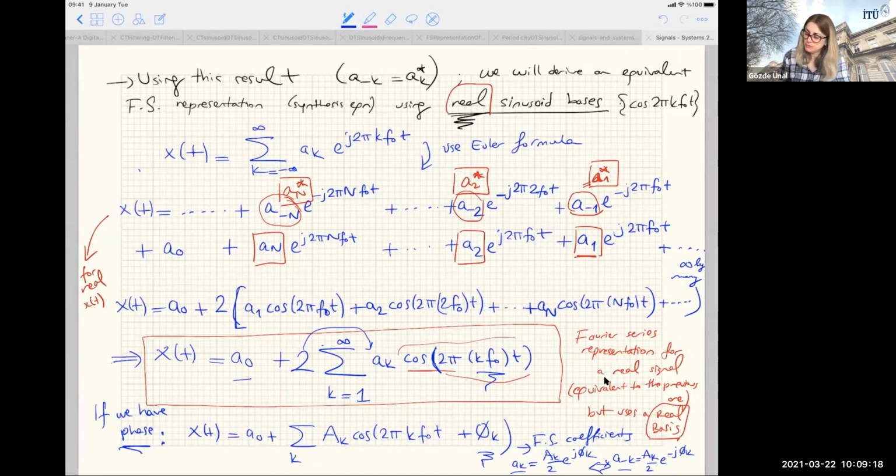And we should know how to go back and forth between the Fourier series coefficients as we did here, and the representation in this real signal synthesis equation.